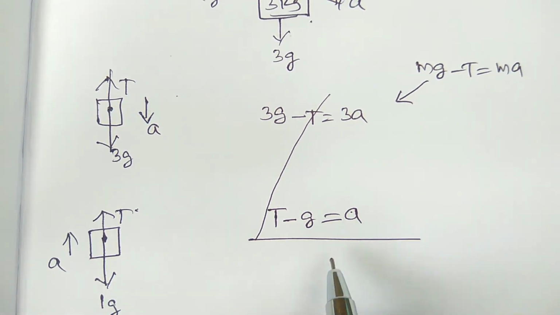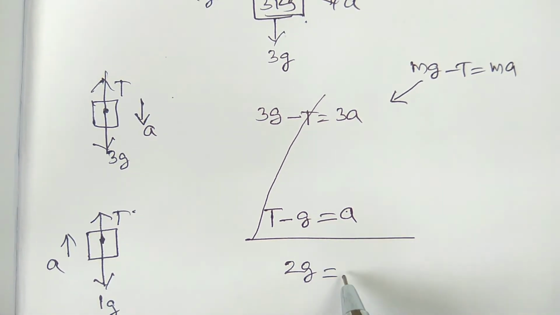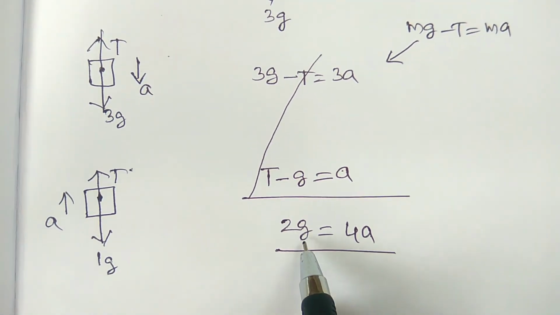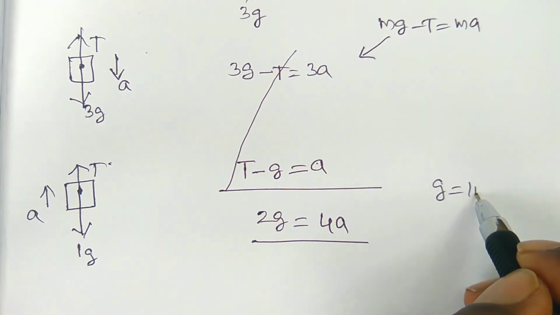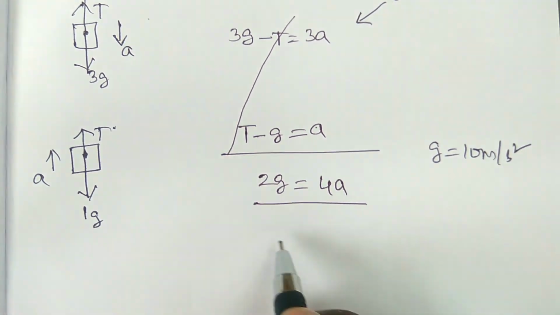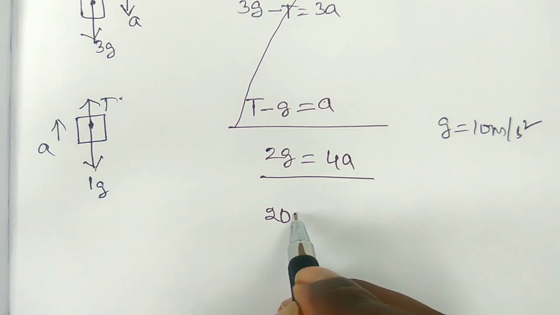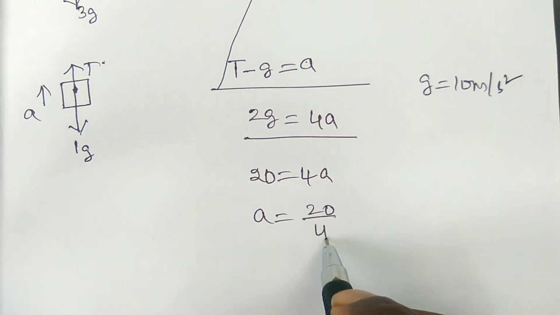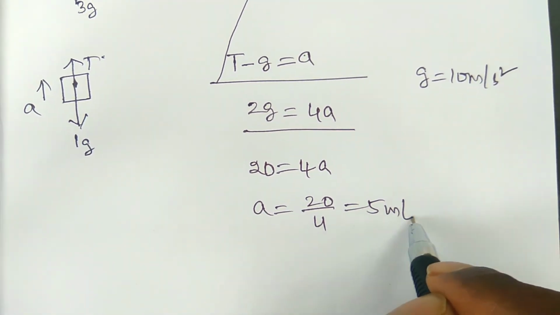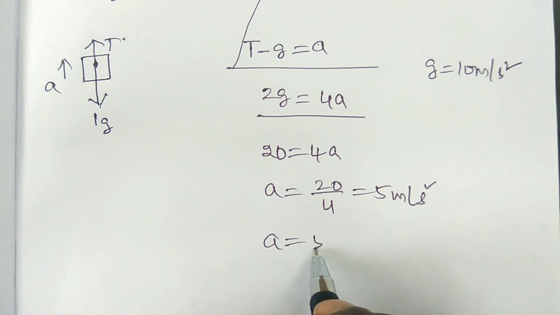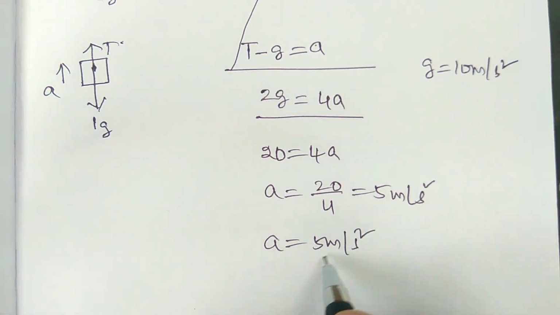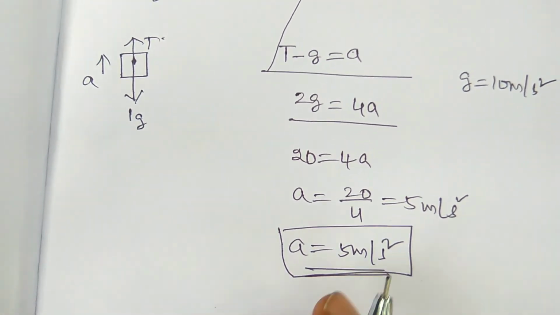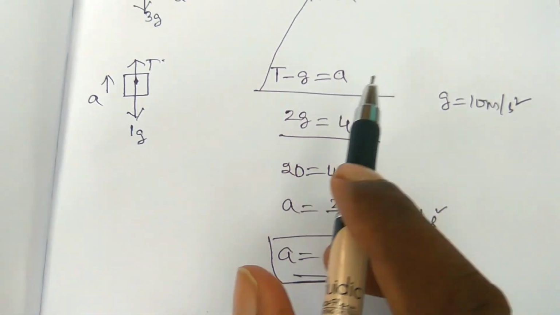Then 3g − g, that is 2g, is equal to 4a. Since g is 10 meter per second square, 20 = 4a, so a = 20/4 = 5 meter per second square, which we already proved in the first method using the formula. So this is the other method.